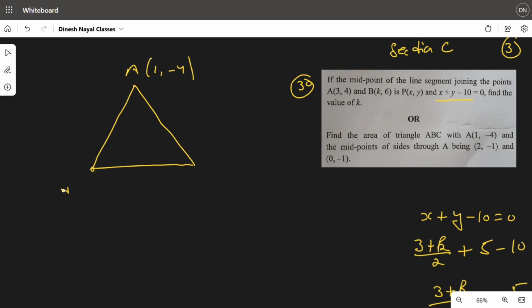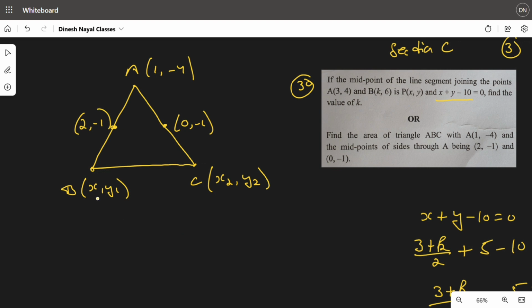Now consider B as (x1, y1) and C as (x2, y2), because they haven't given the coordinates of B and C. Now what they have given are the midpoints of the sides through A. (2, minus 1) is the midpoint of the side AB, and (0, minus 1) is the midpoint of the side AC. So now we have to find x1, y1, x2, y2 first, and then we will find the area of the triangle.